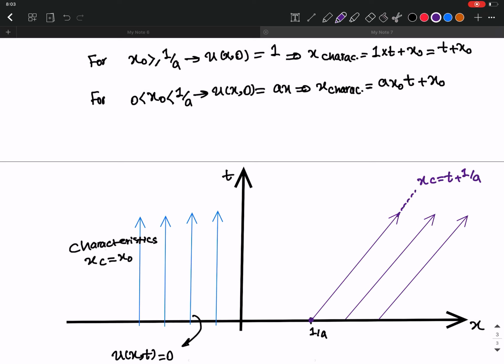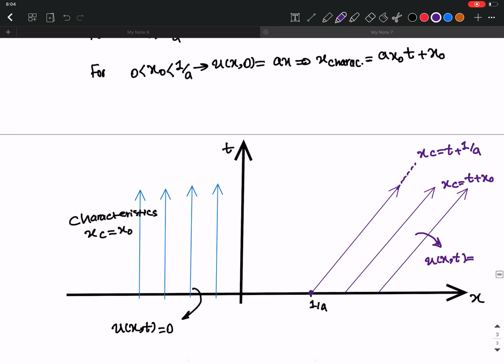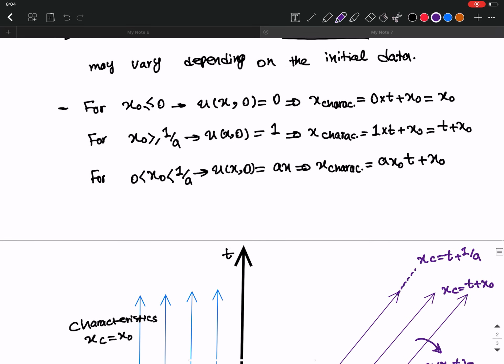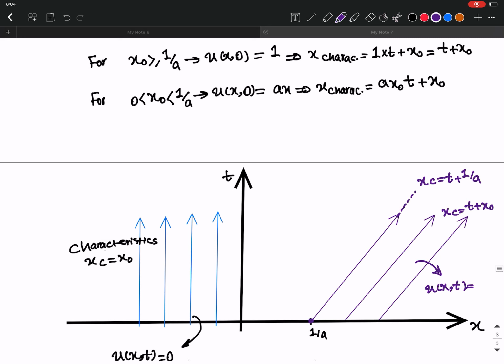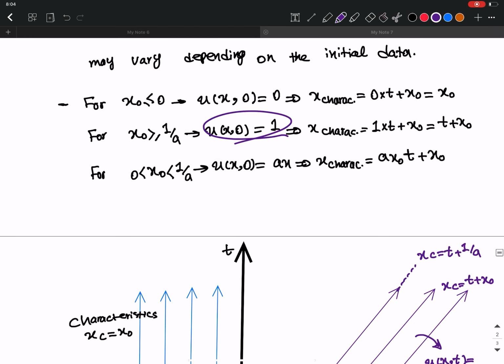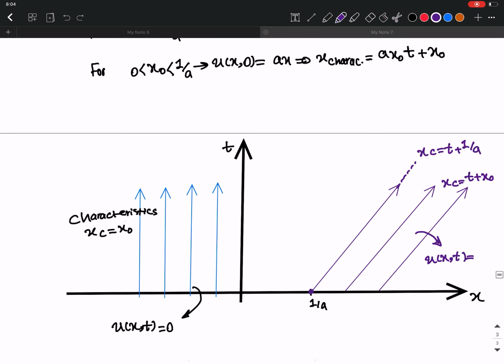This is the equation for this line, and for the other ones the characteristic is t plus x naught, depending on the x0. And the solution u of x and t in this purple region is going to be 1.